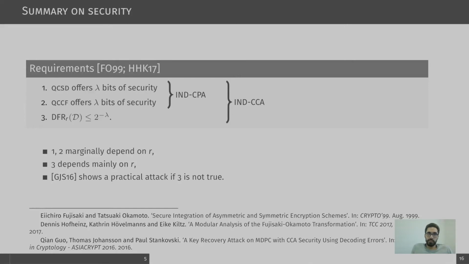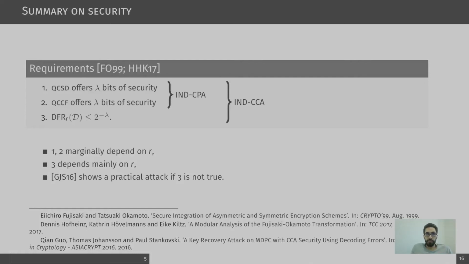So if we summarize the security requirements when we use a Fujisaki-Okamoto conversion: first, to have IND-CPA security, you need to make sure that the underlying problems offer lambda bits of security. And to have IND-CCA security, you need to pay attention to the DFR, and it needs to be less than 2 to the minus lambda. So the first two items depend marginally on R, and they depend mainly on T and W, and the last one depends mainly on R. This gives us a methodology to find parameters for BIKE.